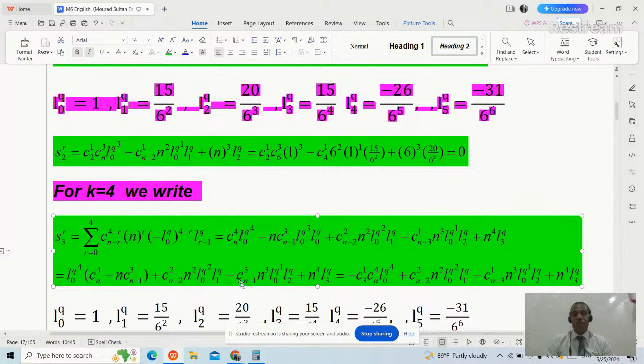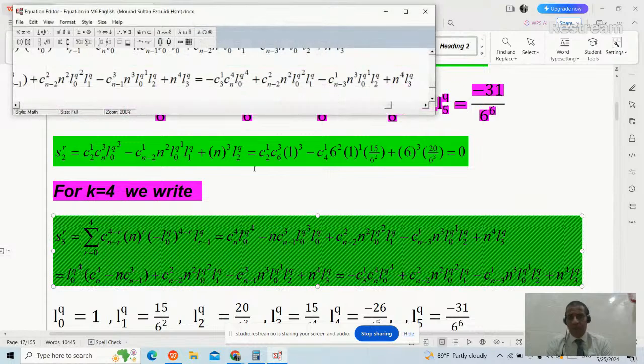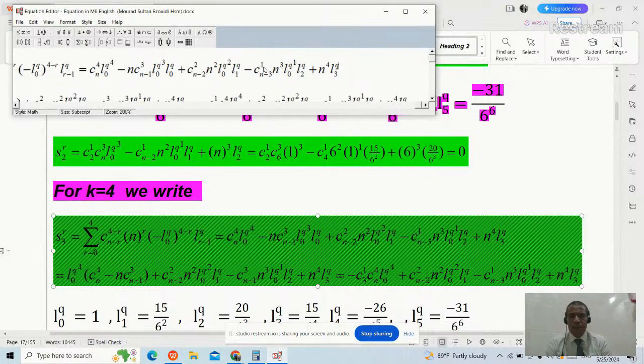This is combination, I told that: n minus 1, n minus 2, n minus 3, correct. Then 3, 2, 1.